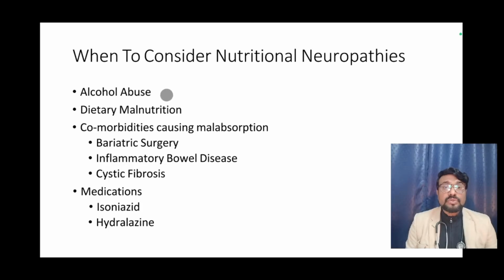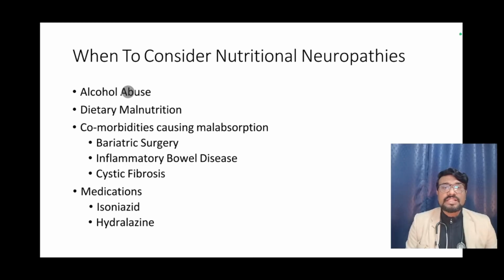That is when to consider the nutritional neuropathies. We can consider nutritional neuropathies in alcohol abuse, dietary malnutrition, comorbidities causing malabsorption like bariatric surgery, inflammatory bowel disease, or cystic fibrosis, or medications that include isoniazid and hydralazine.